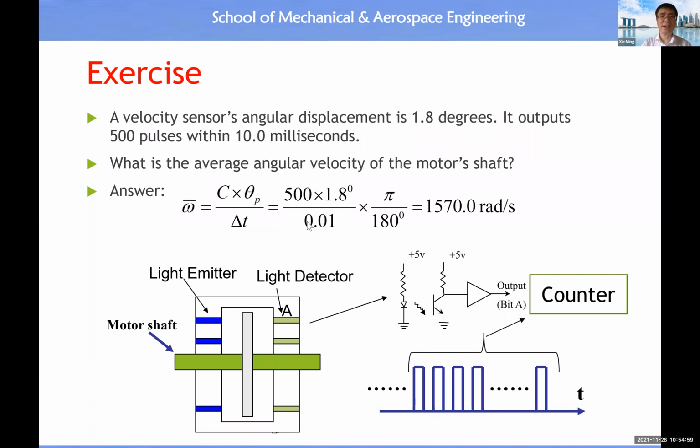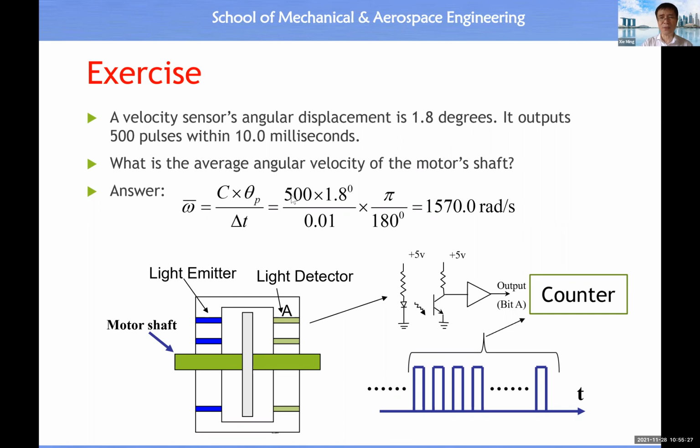1.8 degrees, all right? And one more example, for example, if let's say you have a velocity sensor and inside, the angular displacement between two adjacent holes is 1.8 degrees. If the sensor outputs 500 pulses within this amount of time, then what should be the average angular velocity? Okay, then you apply this formula because you observe 500 pulses.